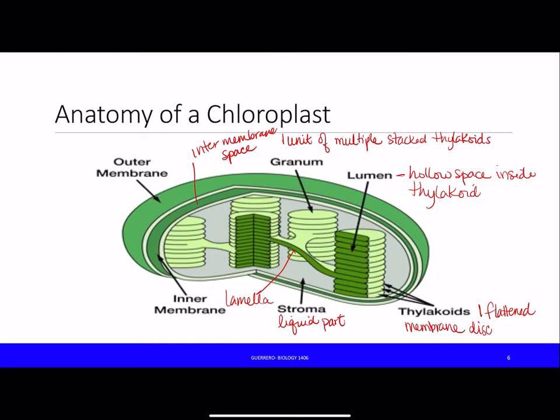So again, one disc is a thylakoid. I have a set of thylakoids, one on top of the next, that's called a granum.